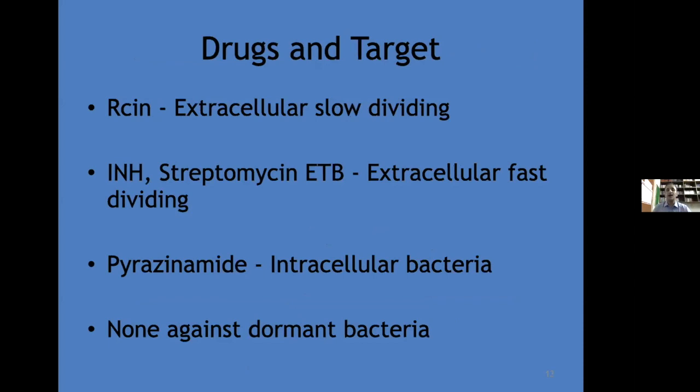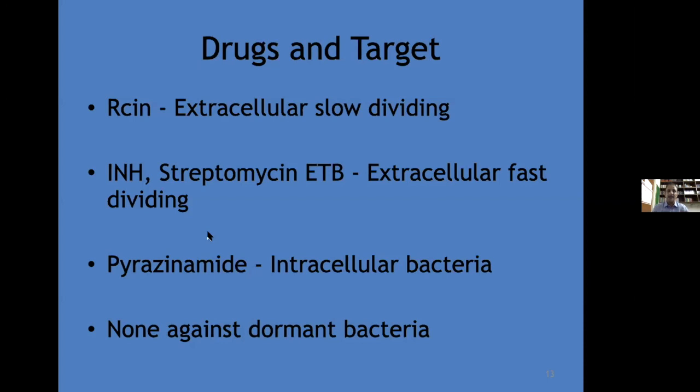Why? Because rifampicin would be acting exclusively on extracellular slow dividing bacteria. INH, streptomycin, ethambutol would be acting exclusively on extracellular fast dividing. Okay? Pyrazinamide will act only on intracellular bacteria. So pyrazinamide would get into the intracellular component and then destroy the bacteria. It has nothing to do with the extracellular bacteria.